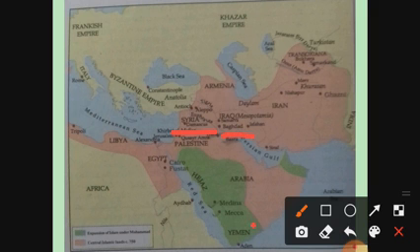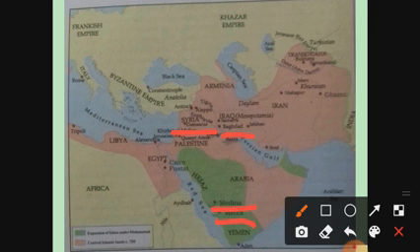Then Mecca was the place from where Prophet Muhammad started preaching Islam, and he shifted to Medina in the year 622 CE with his followers. So Mecca and Medina are very close to each other.